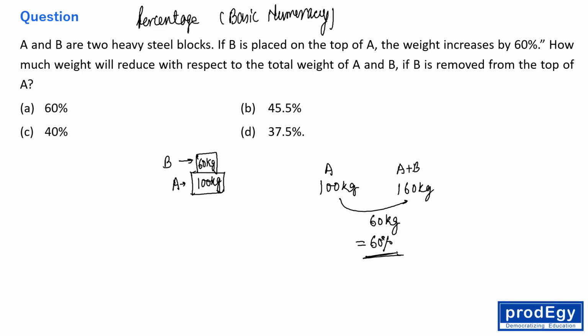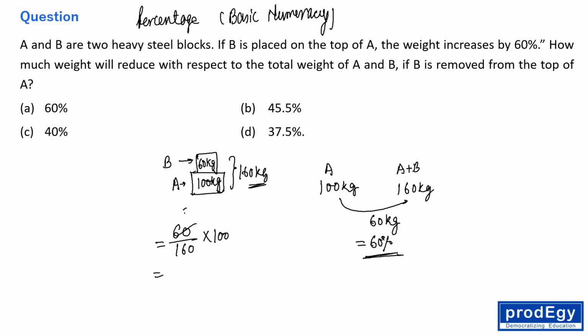All right, everyone, fine. Now the question is saying if block B has been removed. So the total this time is 160 kg, and from 160 kg we are removing 60 kg. Then how much percentage are we removing? So 60 is being removed from 160.